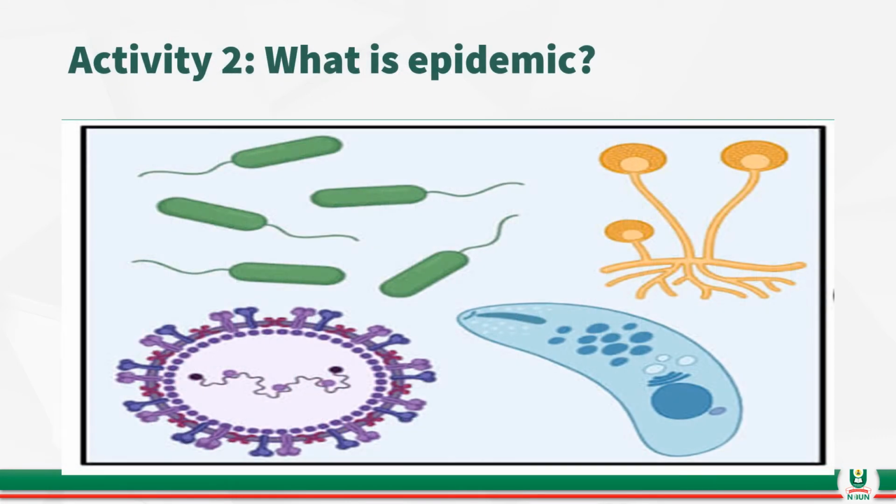Activity 2. What is epidemic? So you can see how we are talking about concepts and terminologies that are used in communicable diseases epidemiology. So now we are in epidemic. What is an epidemic?